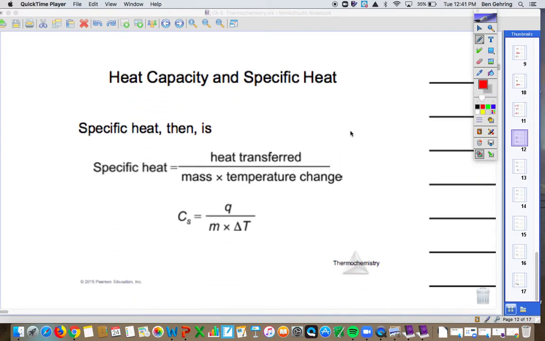Specific heat is the heat transferred divided by mass times temperature change. This is the equation solving for specific heat, and that's a constant.